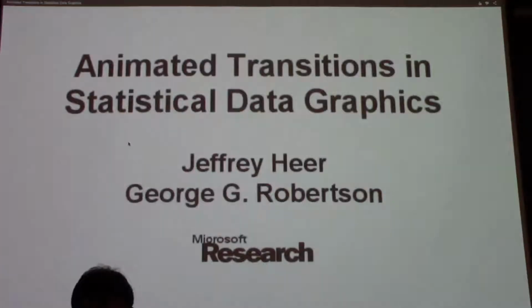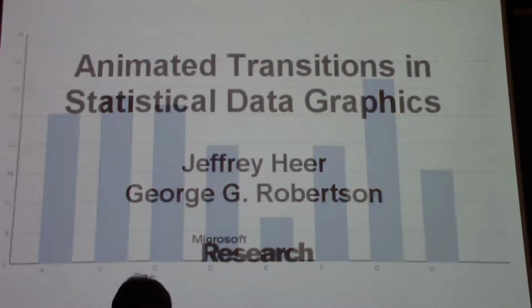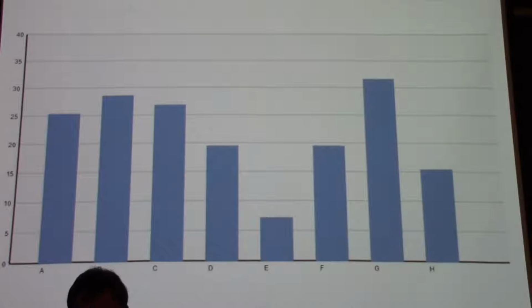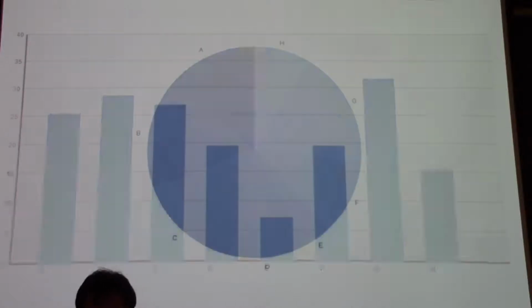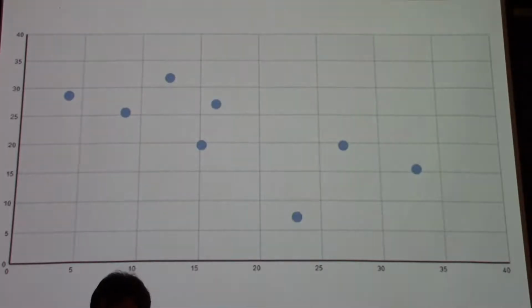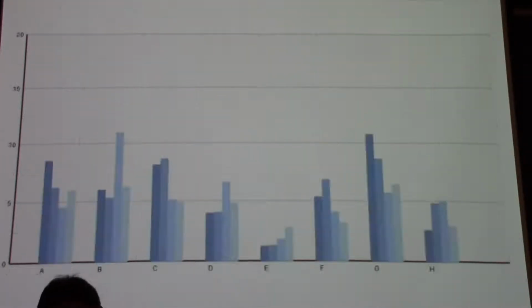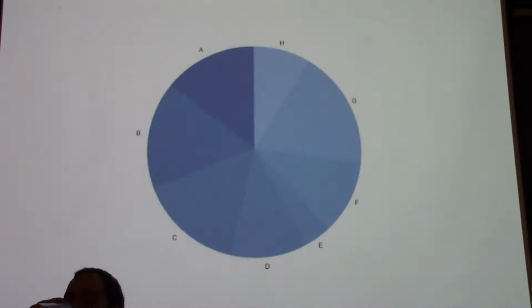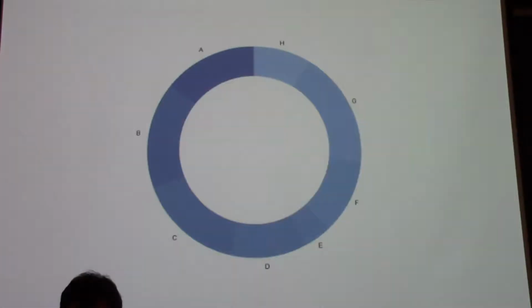When analyzing or presenting information using statistical data graphics, it is common to look at a number of related graphs. For example, the viewer of a bar chart may want to switch to a pie chart to view relative percentages, transition to a scatter plot to look for correlations between two variables, or drill down by breaking up the data by categories. Animation is one promising approach for facilitating perception of changes when transitioning between data graphics.